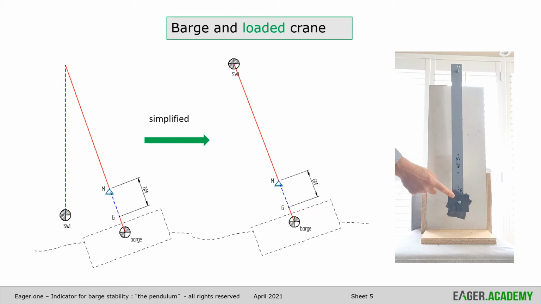When no side leads and off leads are assumed to be present in terms of dynamics, it can be simplified by putting the center of gravity of the load on top of the crane. That is being shown in the middle of this sheet. And now we will show you the technical test in order to show you what happens.